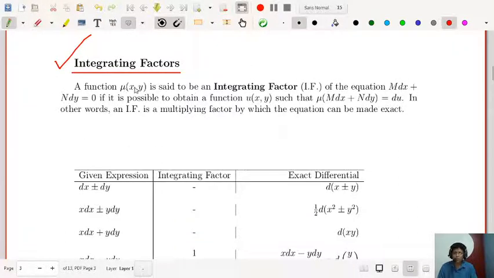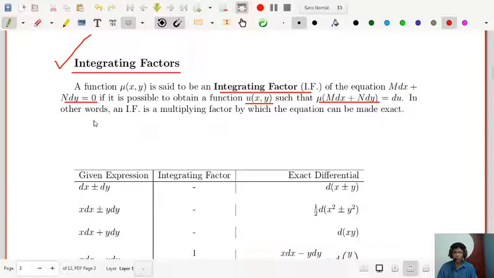A function mu(x,y) is said to be an integrating factor of the equation M dx plus N dy equal to 0 if it is possible to obtain a function u(x,y) such that, look at that, you are multiplying the equation with this mu. Mu is a function of x and y, and after this multiplication the equation can be expressed in the form du, but before that it was not expressible in the form of du.